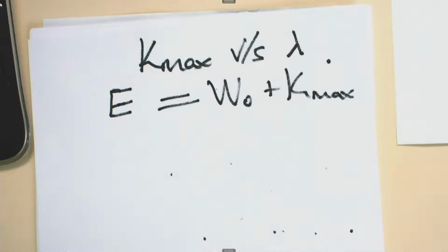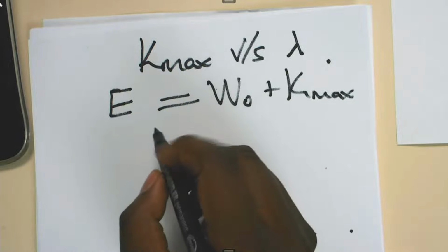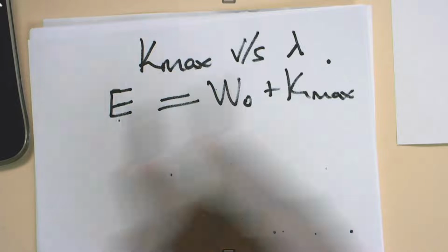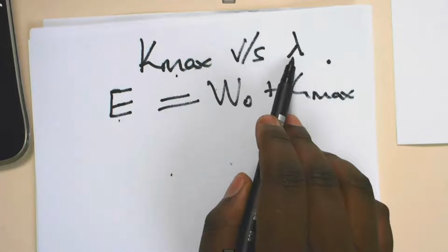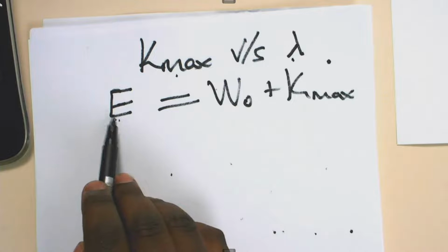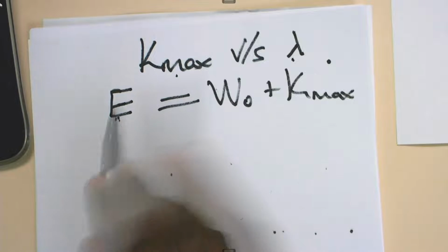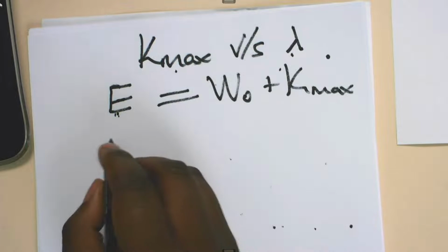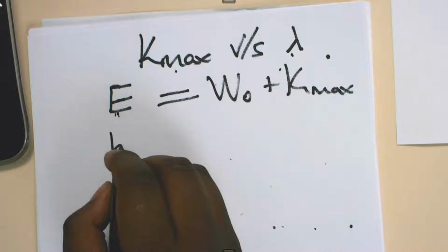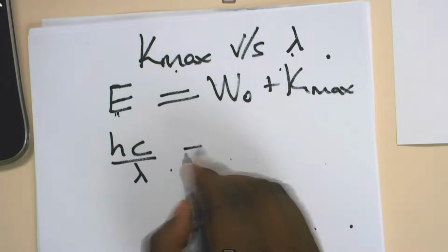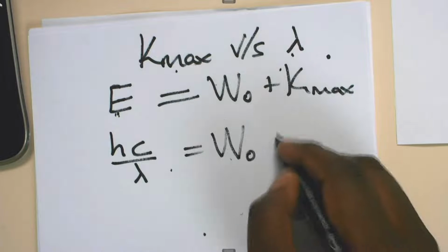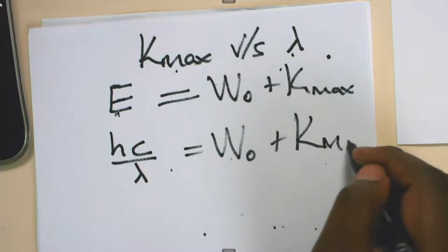So it is a straight line graph that we will get here. Because it is maximum kinetic energy against the wavelength, we'll have to express E in terms of the what? In terms of the wavelength. When we do that, we'll have hc over wavelength, and here we still have the work function plus kinetic energy max.